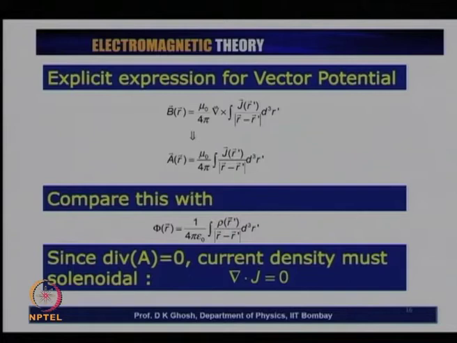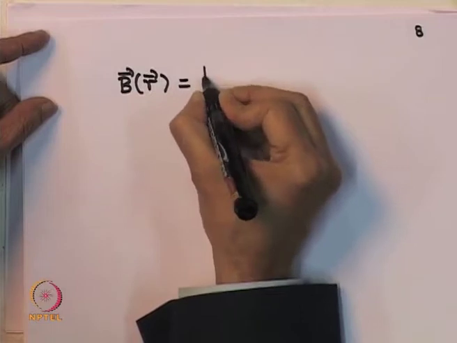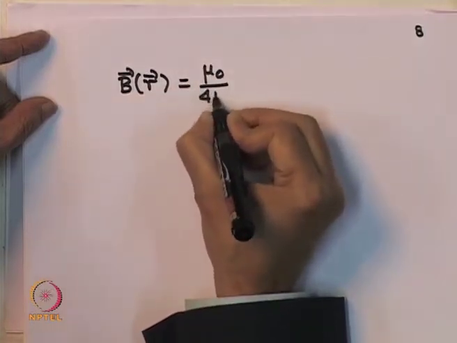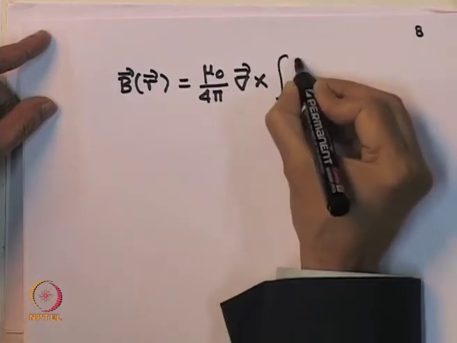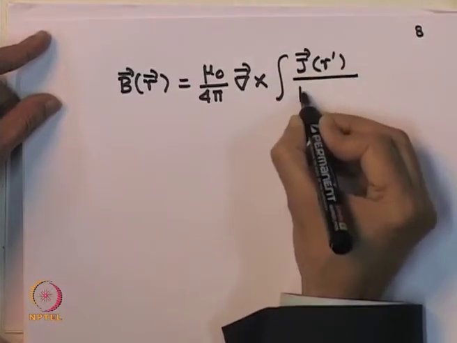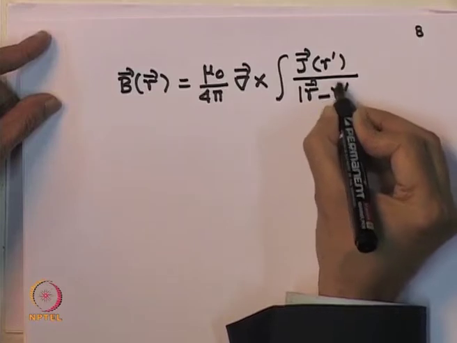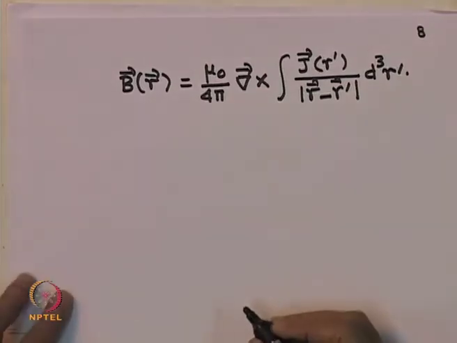Now, recall that when we wrote down the Biot-Savart law, one of the forms in which we wrote it was B of r is equal to mu 0 by 4 pi del cross of the integral of j of r prime divided by the modulus of r minus r prime, and of course, d cube r prime is the integration variable.